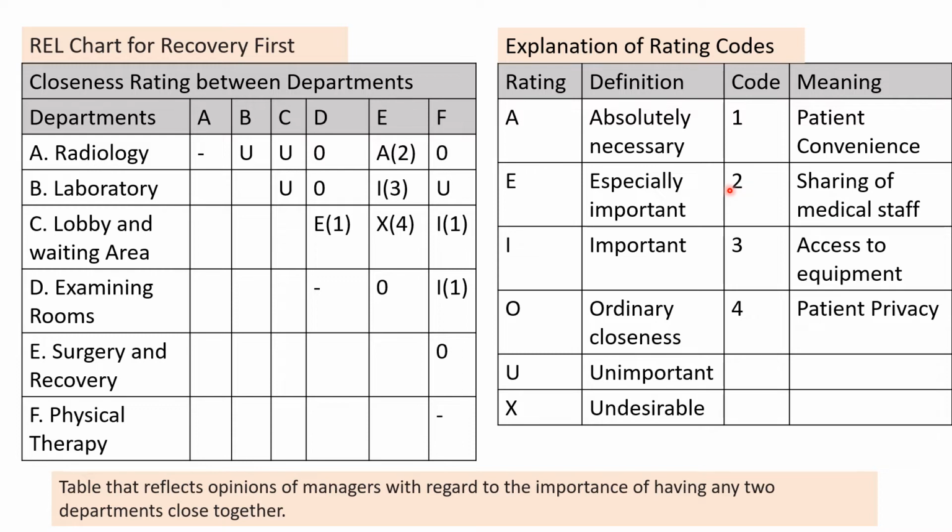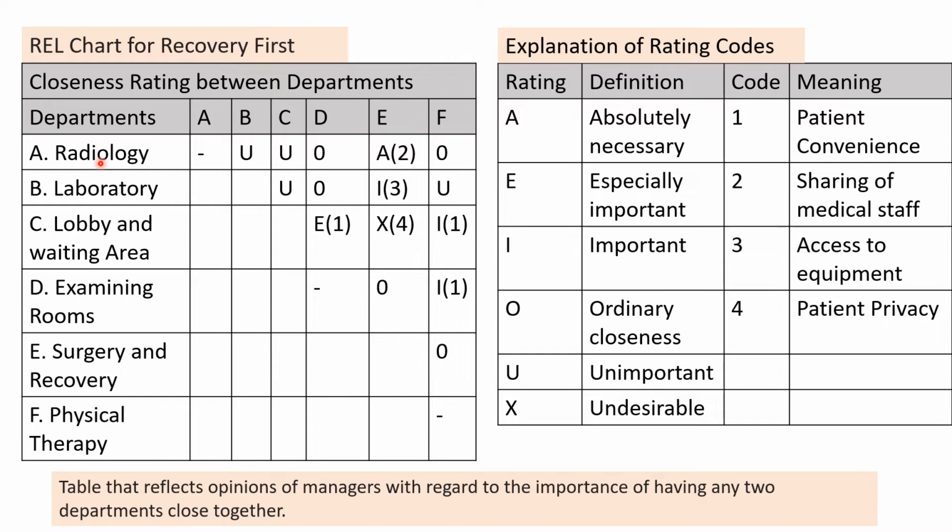So it is absolutely necessary for sharing of medical staff. So these 2 departments, that is radiology and surgery and recovery, have to be put or located close, or have to be side by side.